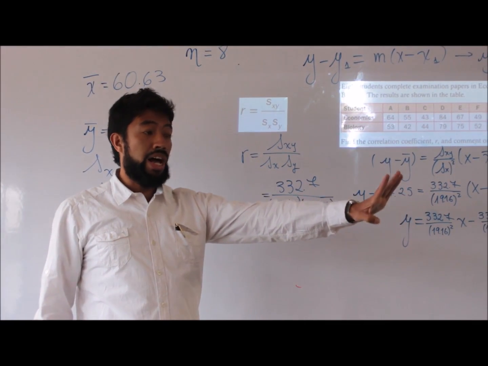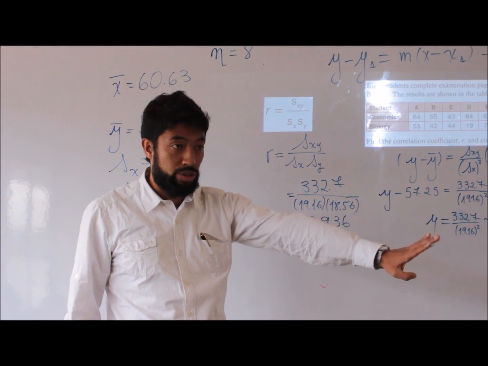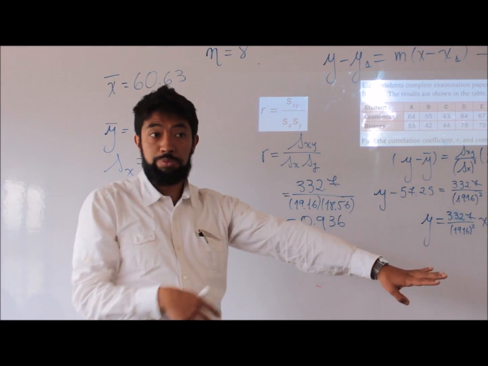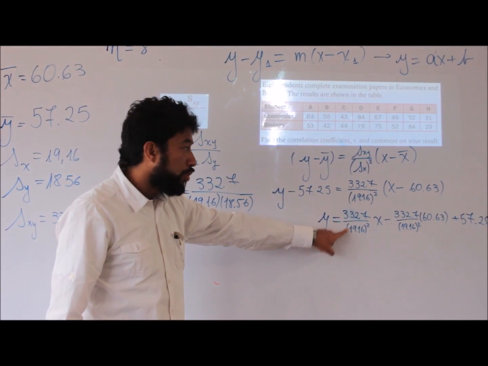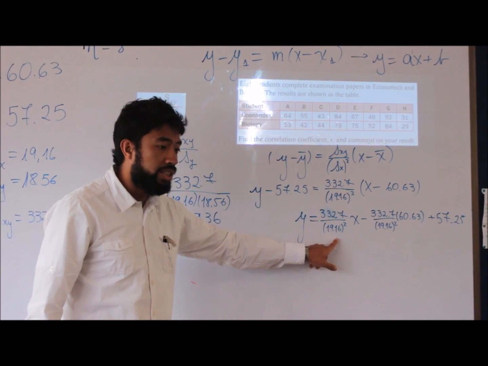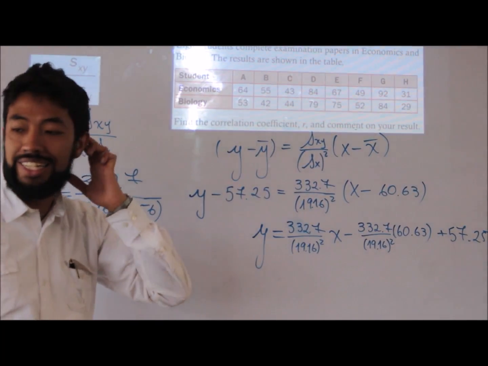Sophia has found the regression line in the calculator by using the table. Now, you are going to perform this operation. 332.7 divided by 1916 squared. How much is it?